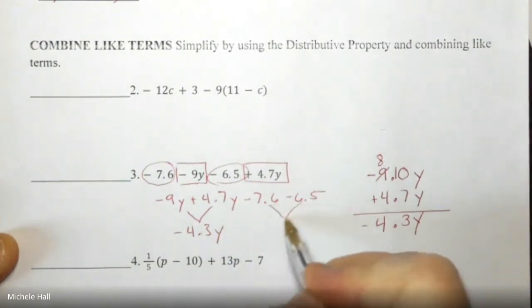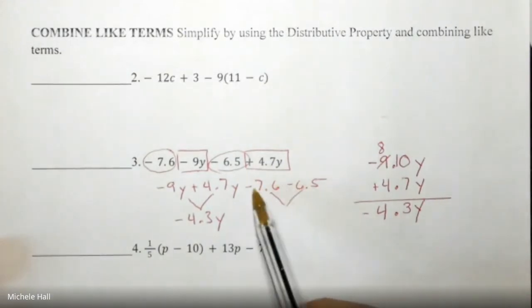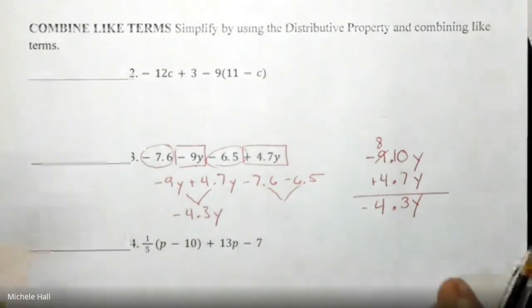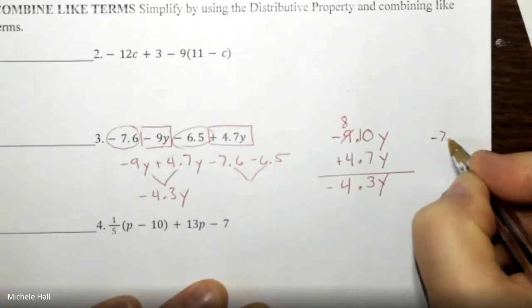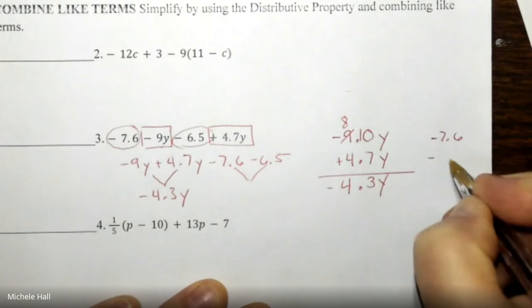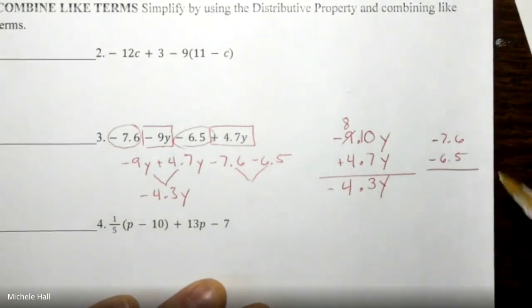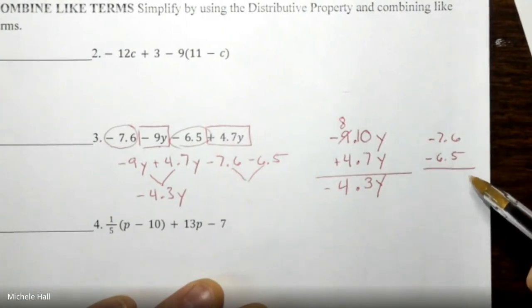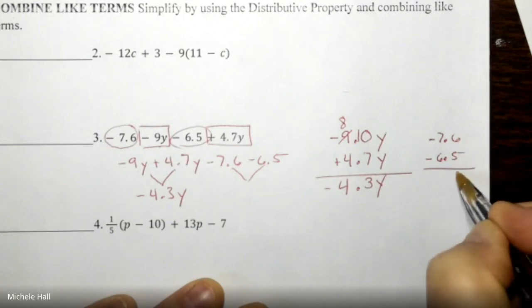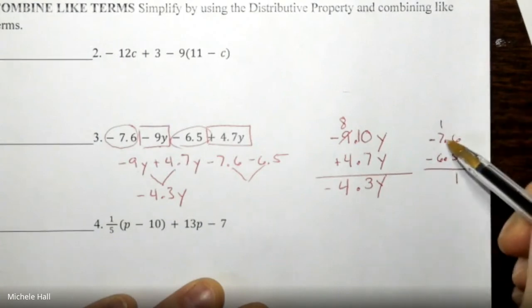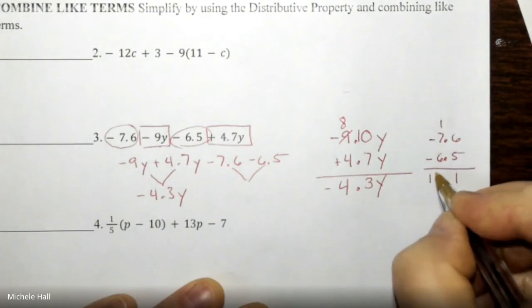Now I'd like to combine my constants. These are the same sign, so I need to add them up and keep the same sign. Let's see, negative 7.6, negative 6.5. Decimals are lined up. 6 plus 5 is 11, carry the 1. 7 plus 6 is 13, plus the 1 I carried is 14.